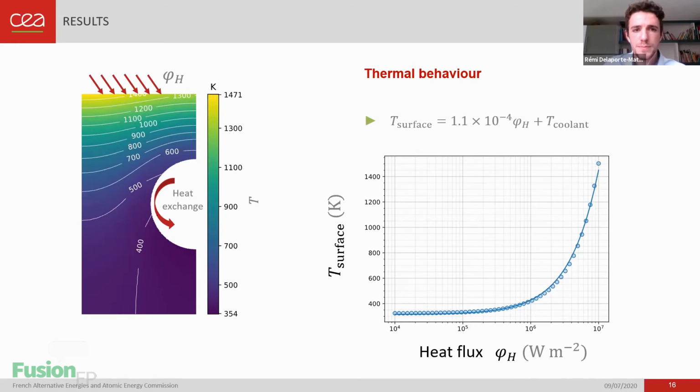So far so good. But we actually want to do that for several heat fluxes. So we increase the heat flux up to 10 megawatts per meter squared, and we measure the average surface temperature at the very top of the monoblock. And we can see that basically it evolves as a linear function of the heat flux. So that will be our direct relation between heat flux and surface temperature for later.